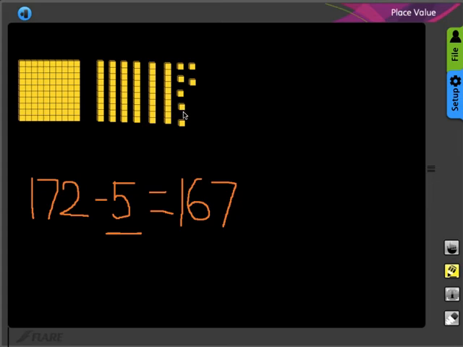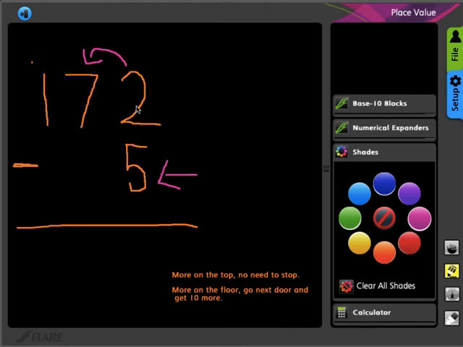Just like we did here. We had to go to the tens blocks, trade them in for some ones. We are doing the same thing. So I'm crossing out this 7, and this 7 now becomes a 6. We have 6 groups of 10 over here now. I'm bringing my 10 over here, and I had 2 to start with.